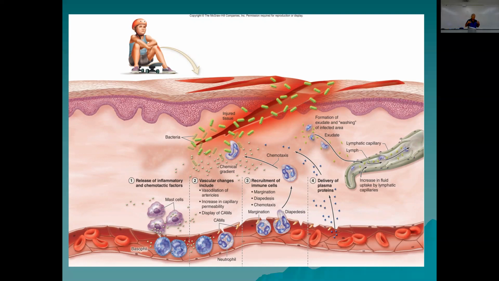And lymph nodes are loaded with immune cells, white blood cells, phagocytes, B and T lymphocytes. And these pathogens are going to bump into a white blood cell with the correct receptor, and then we're going to have adaptive immunity or specific immunity, which we're going to get onto in a little bit.